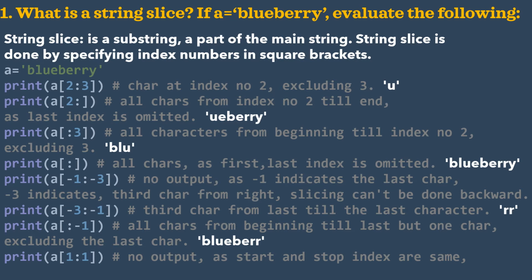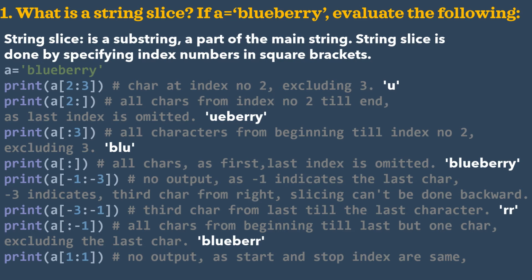So slicing cannot be done backward, so it will not give any output. However, if you just write -3 colon -1, it will print third character from last till the last character, that is RR. That is not there in the question, but I have just given this to show you how it is done.